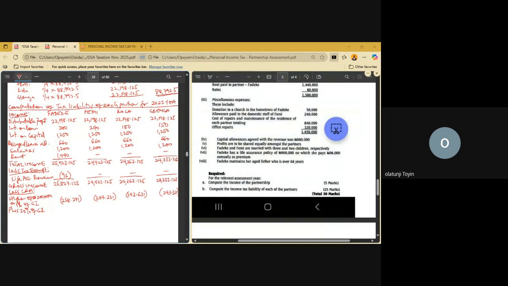Let me recompute again. I've taken it with 0.125. That is 5,165.425.